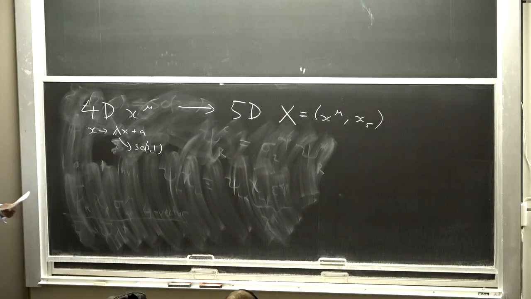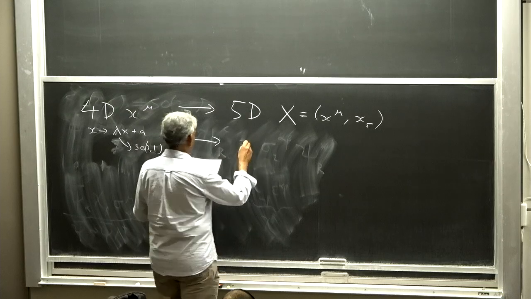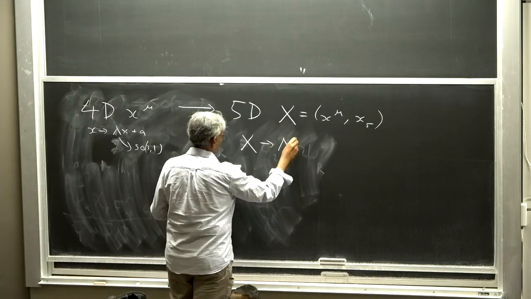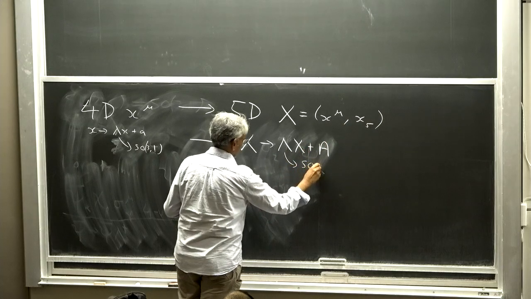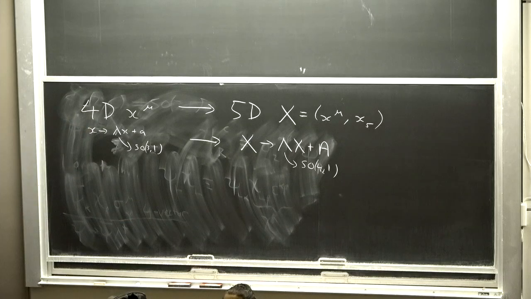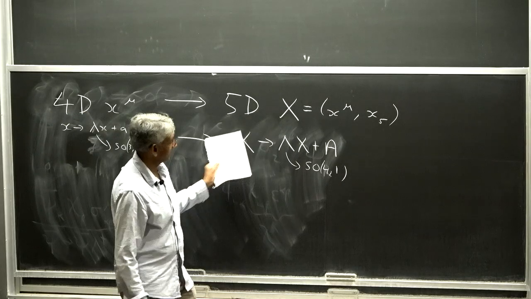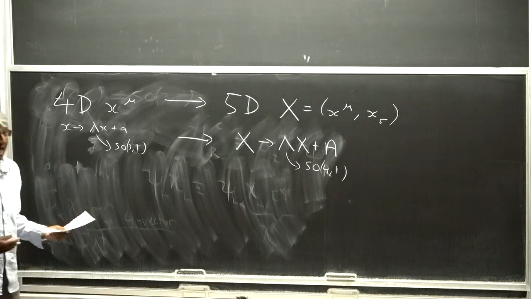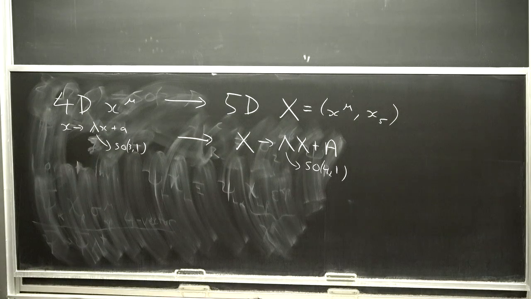The usual Poincare symmetry is now going to an extended symmetry, where x goes to lambda x plus a, where this is now an element of SO(4,1), right? Fifth dimension is the fourth dimension of space. It's a bigger symmetry. This symmetry contains the Poincare symmetry and more, just like that one contained Lorentz invariance and more. Okay.